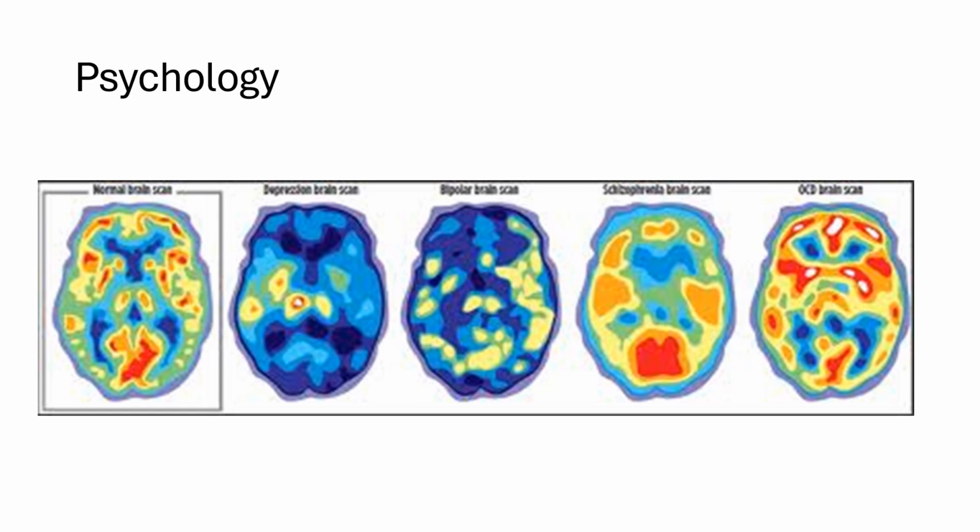Here you see FDG studies with normal brain on the far left. The one next to it, you see decreased metabolism of sugar in the brain of a patient who is depressed. The one in the middle is a bipolar brain, and that's somebody who's having a depressive bipolar episode at the time of imaging.